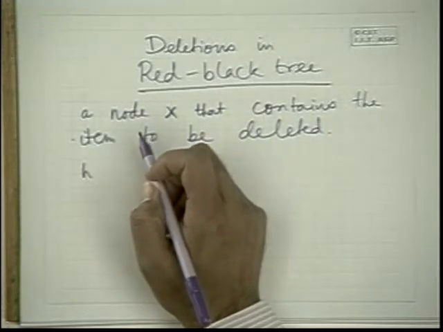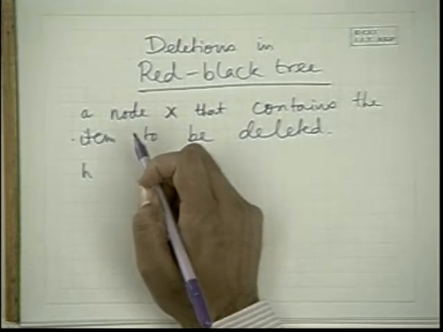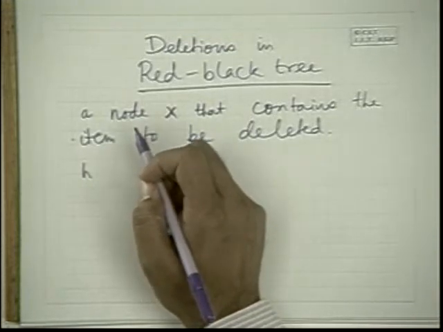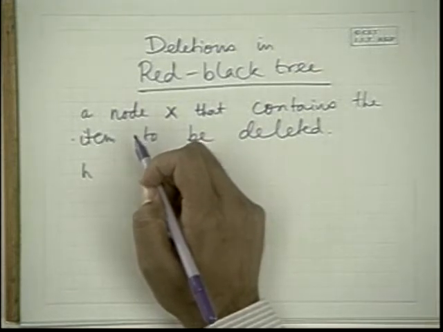You remember in deletion in a binary search tree we did that. We first found the successor of that node, exchanged that value with x, and then deleted that successor. So this time also we will do that first, but we want to reach a node where both the children are leaves. So how can you do that? You do it again.